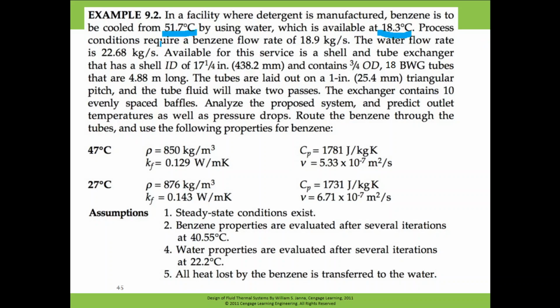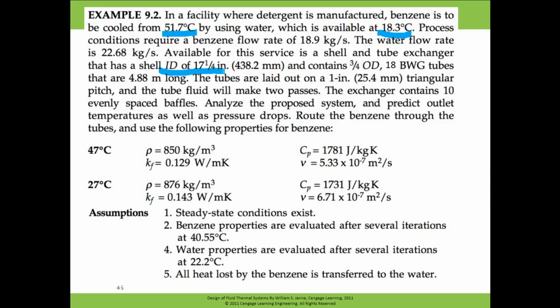The process conditions require a benzene flow rate of 18.9 kg per second. The water flow rate is 22.68 kg per second. So basically both flow rates are given. Available for this service is a shell and tube heat exchanger that has a shell inner diameter of 17 and a quarter inches.